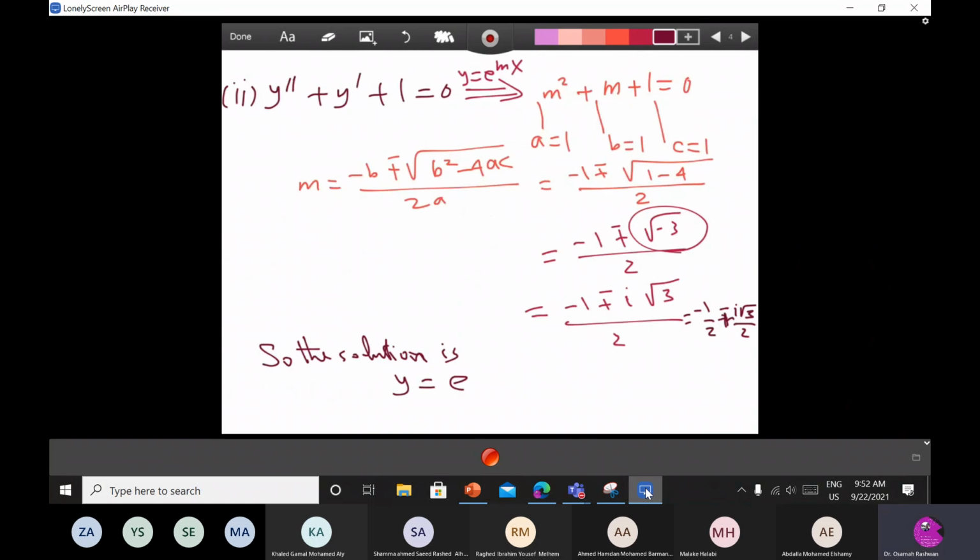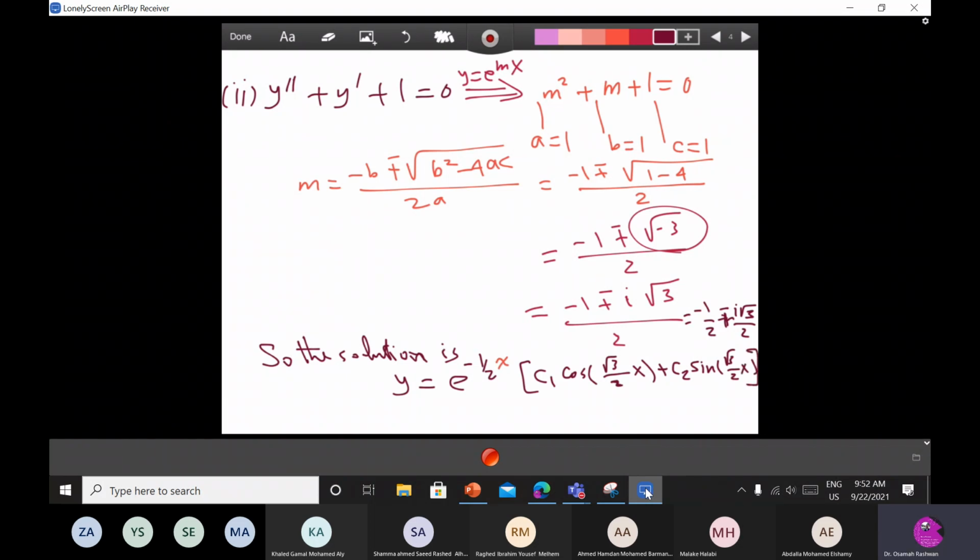Okay, e to the minus half x, and then open bracket, c1 cosine root 3 over 2 x plus c2 sine root 3 over 2 x.